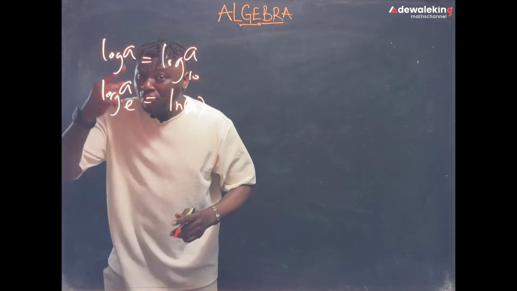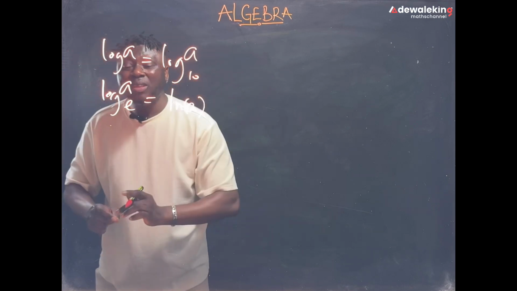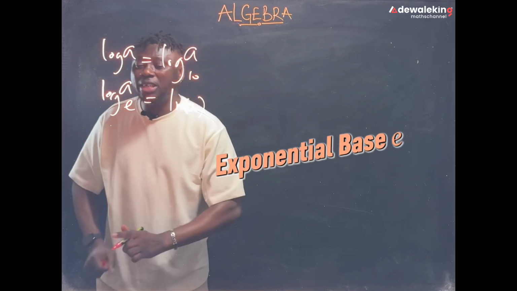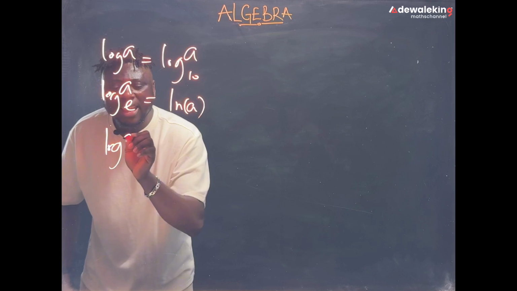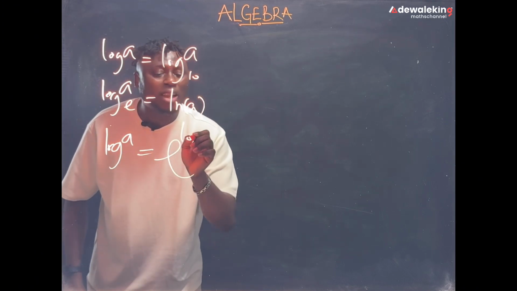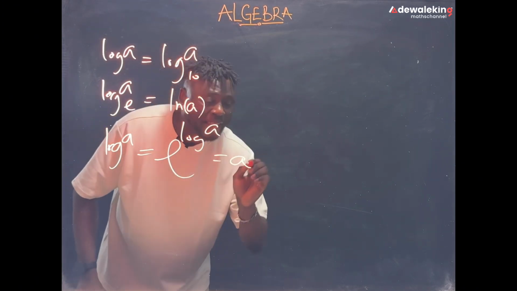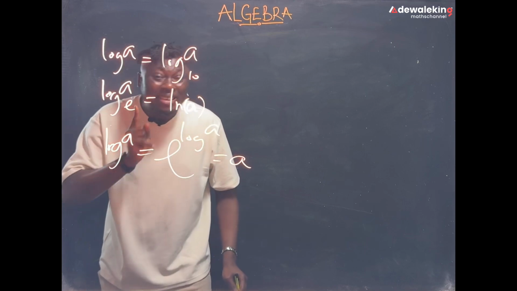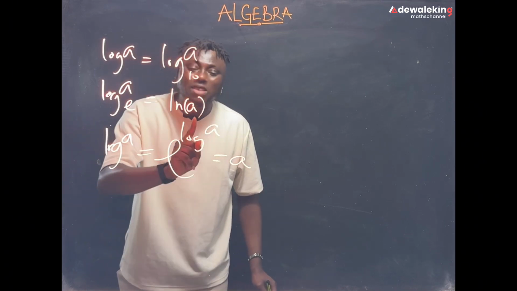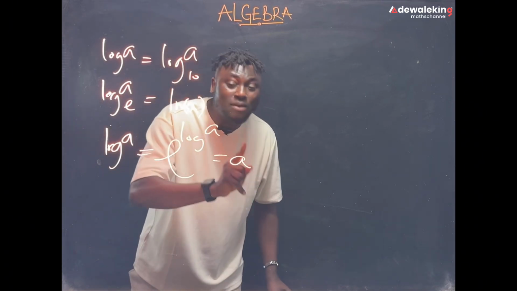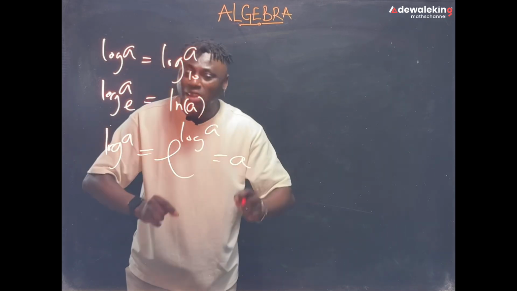Also, going forward, if you take this log a and you add an exponential base to it, it will be exponential log a, which is equal to a, meaning that a is the same thing as exponential log a, which is equal to a, if you want to find the value for a.